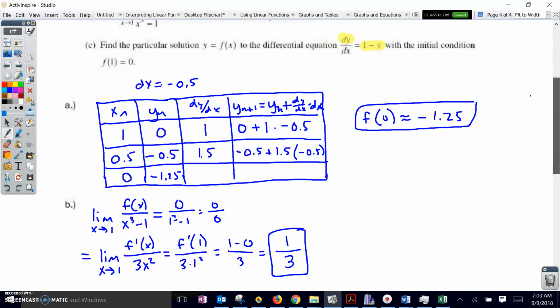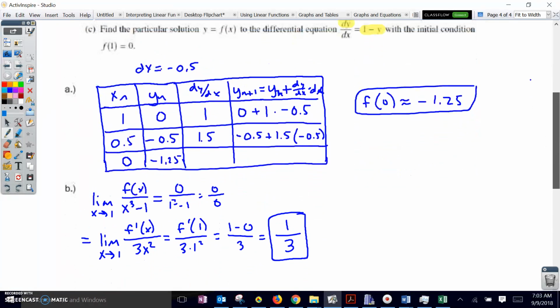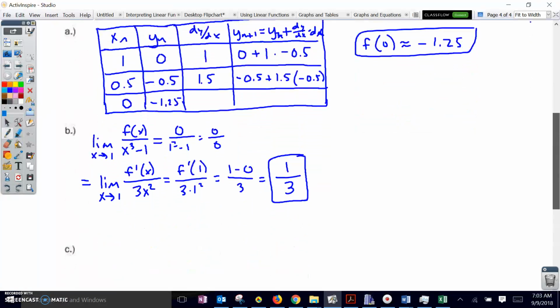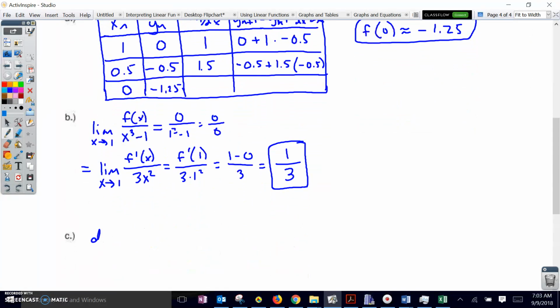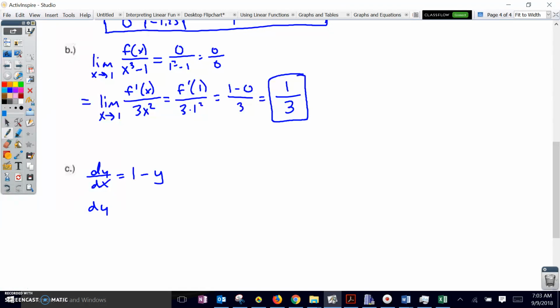And so we've got dy/dx equals 1 minus y. And when we separate, that turns into dy over 1 minus y equals dx. I'm going to integrate both sides.